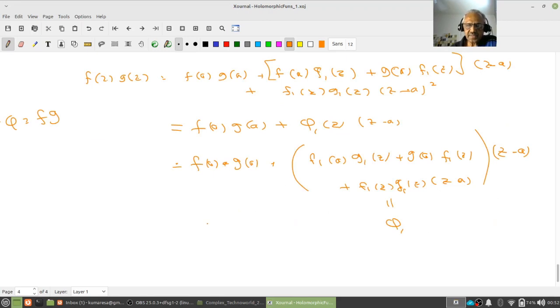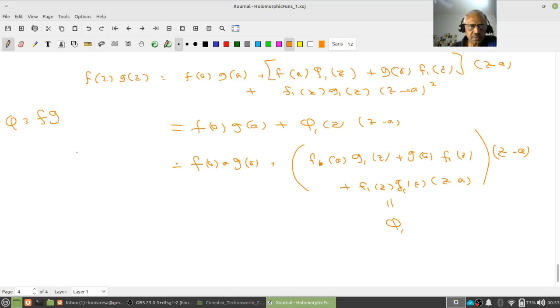This is continuous at A? Yes, because remember, this is f of A, a constant, and g1 is continuous at A, therefore this product is continuous at A, and g of A is a constant, and f1 is continuous at A, therefore this is continuous at A, and f1 times g1 both are continuous at A, therefore the product is continuous at A, multiplied by first degree polynomial z minus A, that is continuous at A. Therefore the entire thing, namely the defining expression for phi 1, is continuous at A, right?